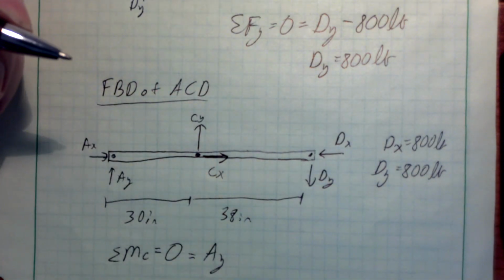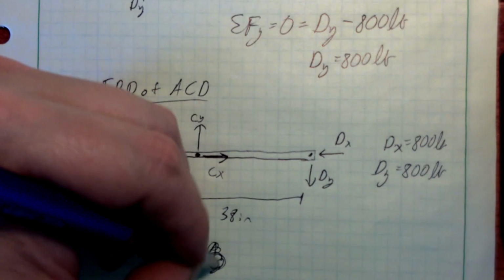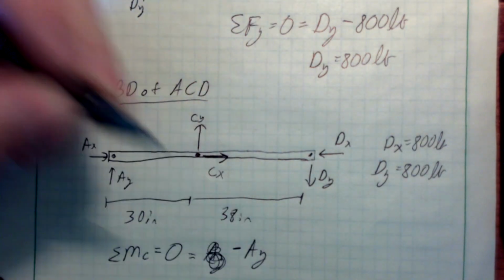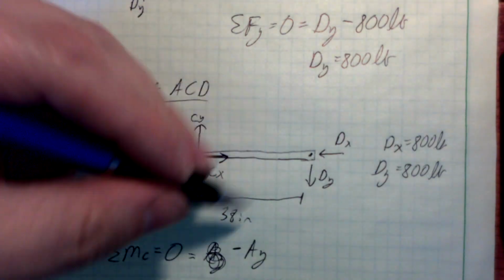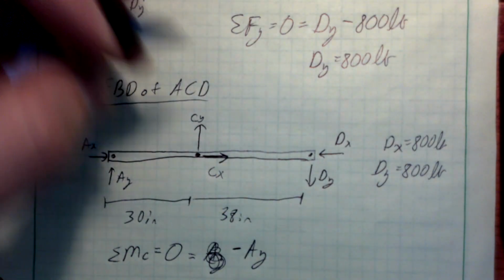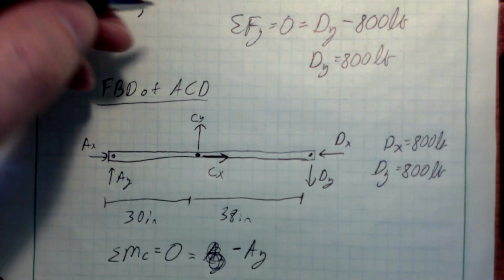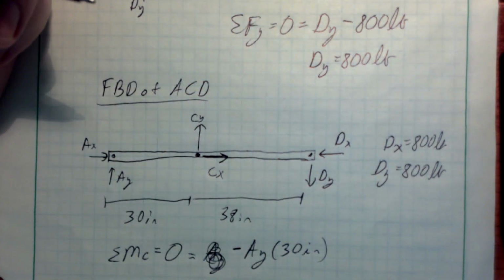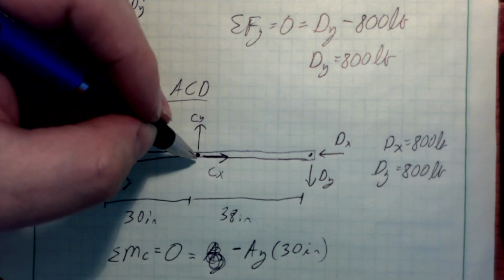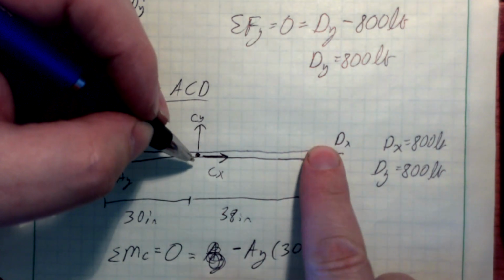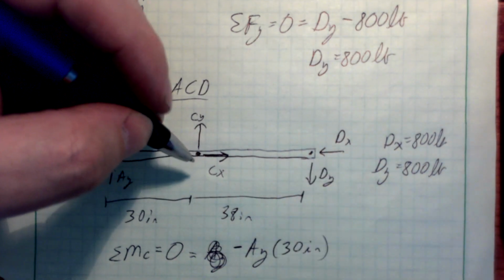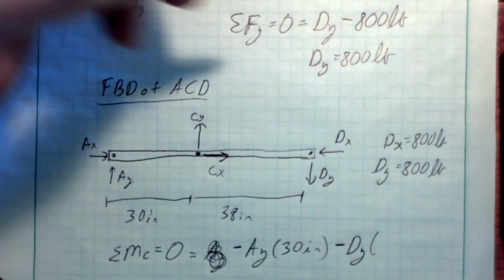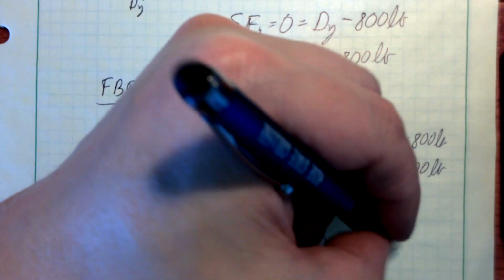They're both negative, so it doesn't matter. I'm going to say minus AY, because they're both causing a clockwise motion about point C as I've drawn them here. So minus AY, and that's at a distance of 30 inches from point C. And also causing a clockwise motion about point C is dy. So it's minus dy, and its distance is 38 inches.